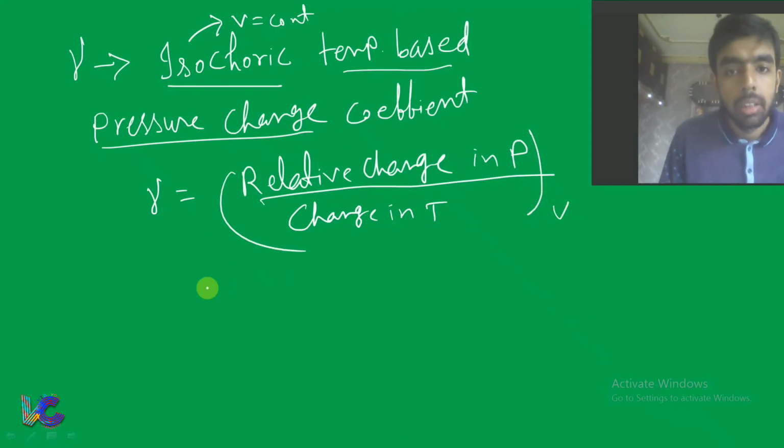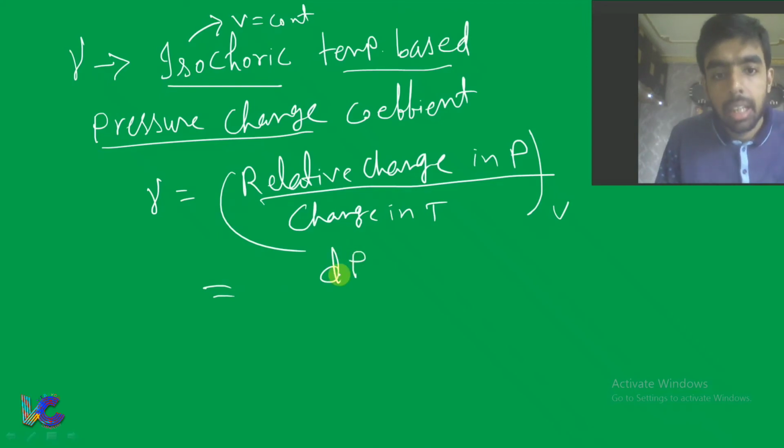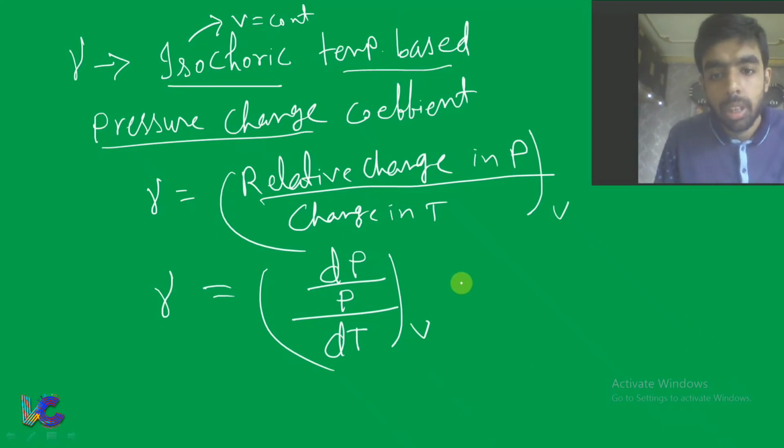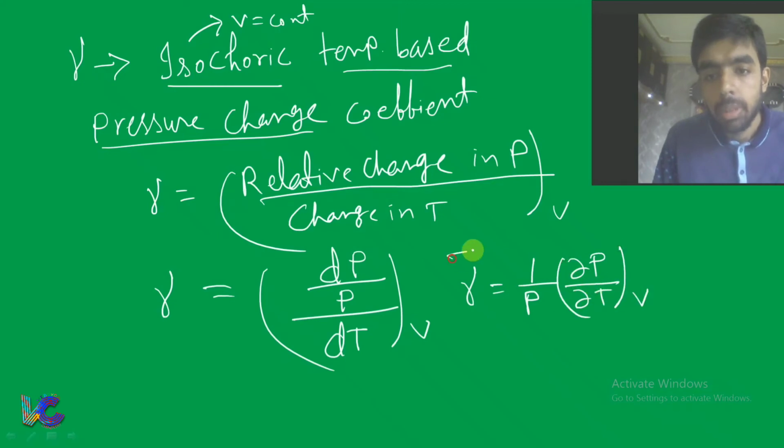Now relative change in P means change divided by actual pressure, that is dP by P. Change in T means dT, at constant V. On introducing the constant condition, d becomes del, so gamma will be equal to 1 by P del P by del T at constant V. So this is the expression for gamma.